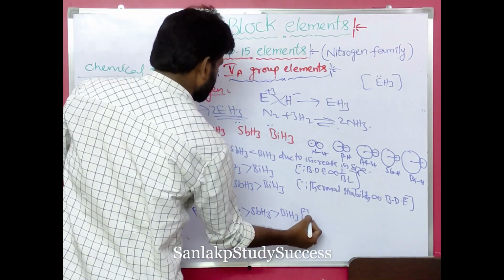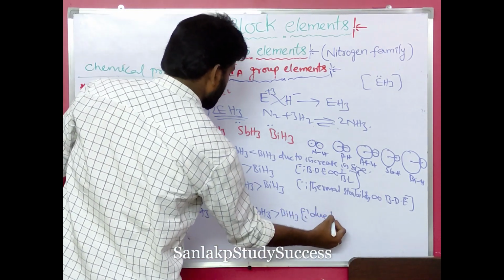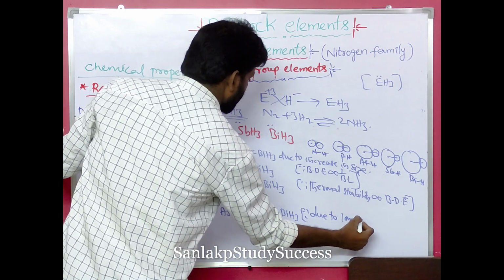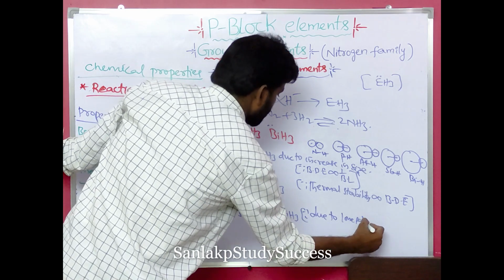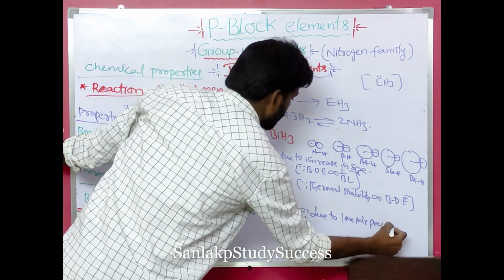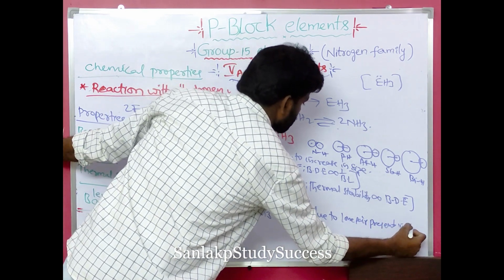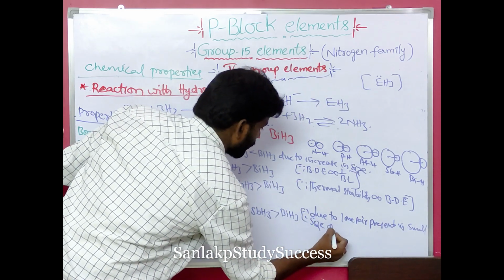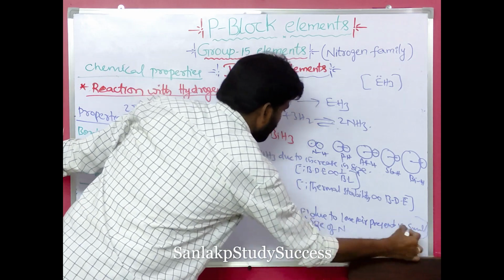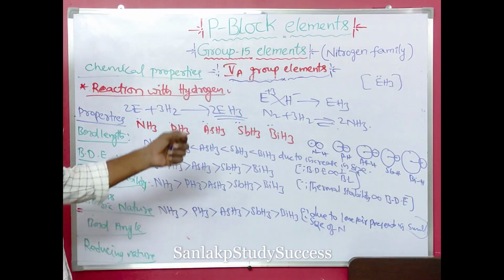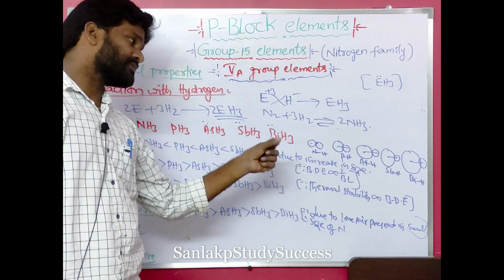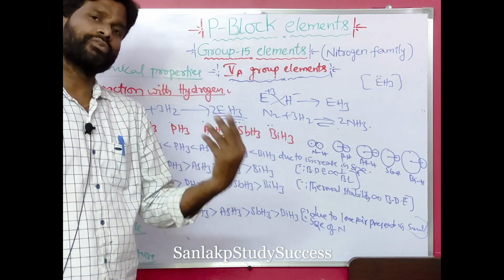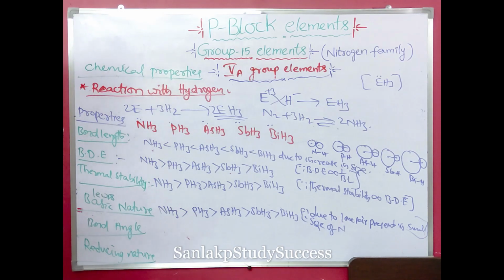Due to the lone pair being present on small-sized nitrogen, it has high electron density, so it readily donates to others and acts as a strong base.